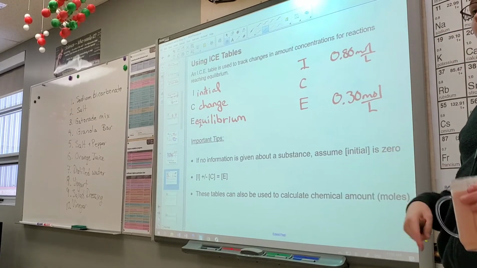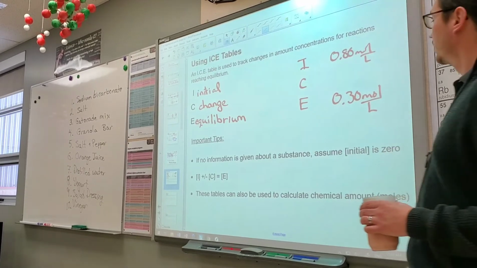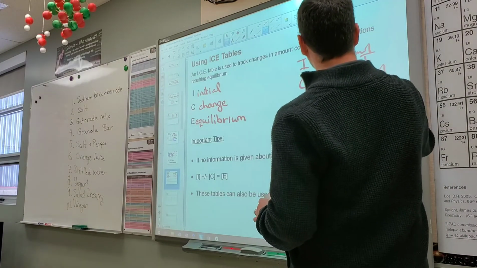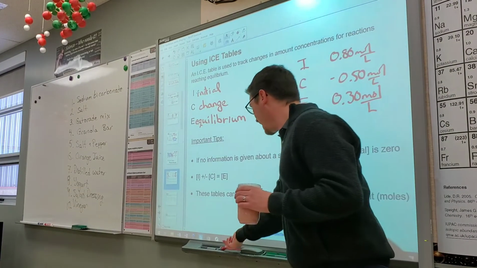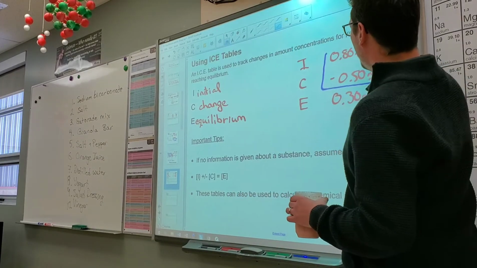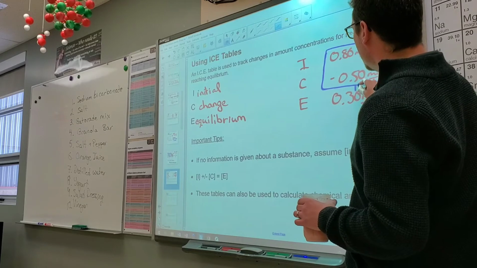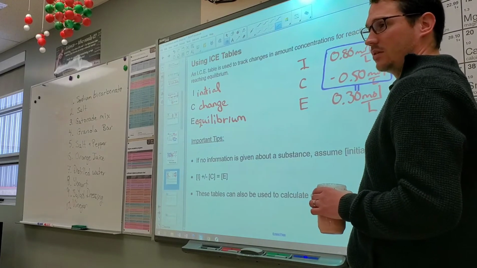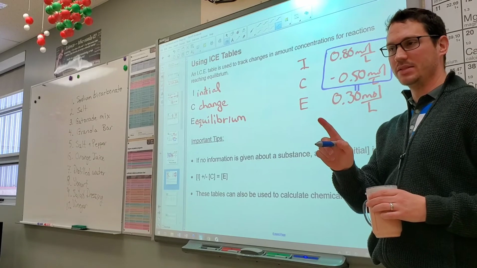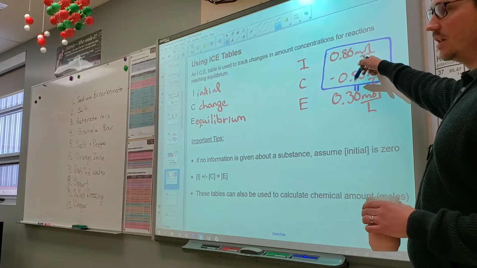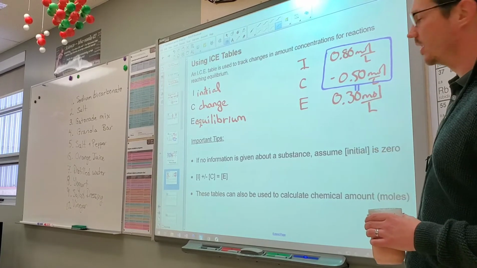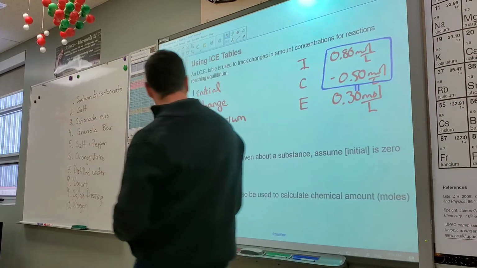Yeah, so is it a positive or a negative change? It's a negative, and it's 0.50 moles per liter. Hopefully you can understand how those two together have to equal this. Does that make sense? That's how we're going to track our changes using an ICE table. Whatever our initial is, plus or minus our change, has to equal our equilibrium concentration.